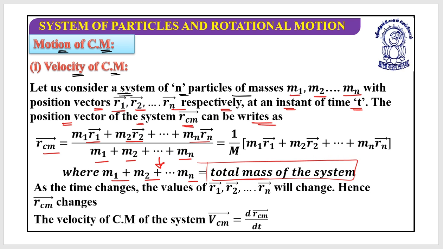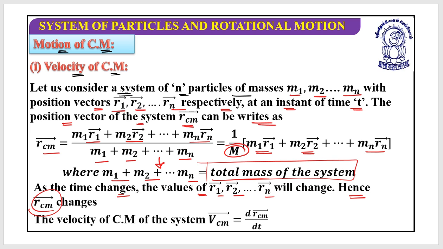So RCM = (m1 r1 + m2 r2 + ... + mn rn) divided by total mass M. As time changes, the values of r1, r2 and rn change, so the position vector of the center of mass changes too.